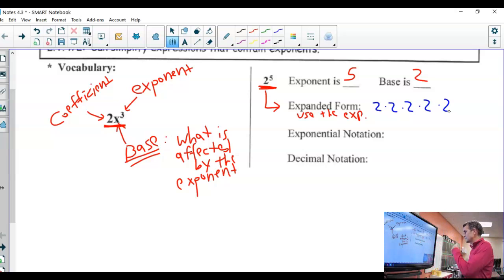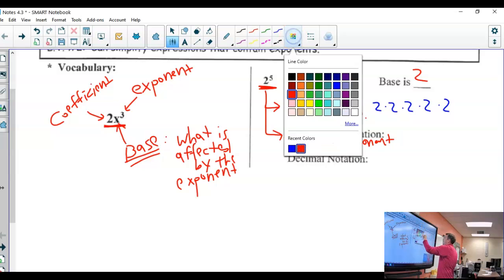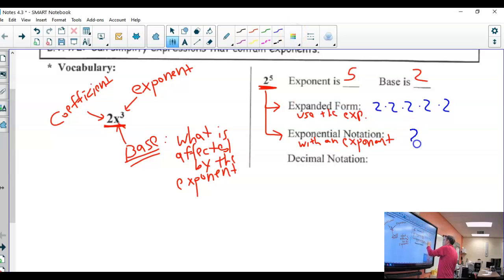Then we have exponential notation, which is when you write it with an exponent. In this case, that is the way it's already written, 2 to the 5th power.